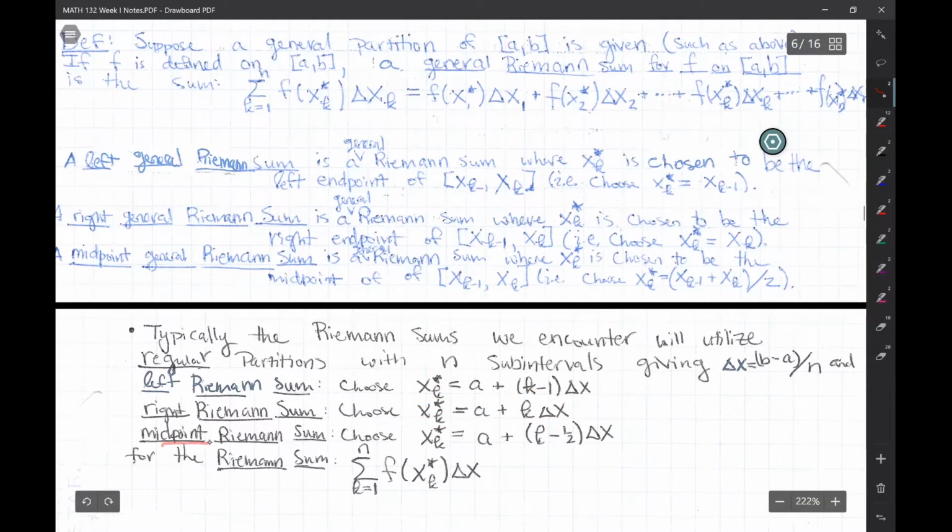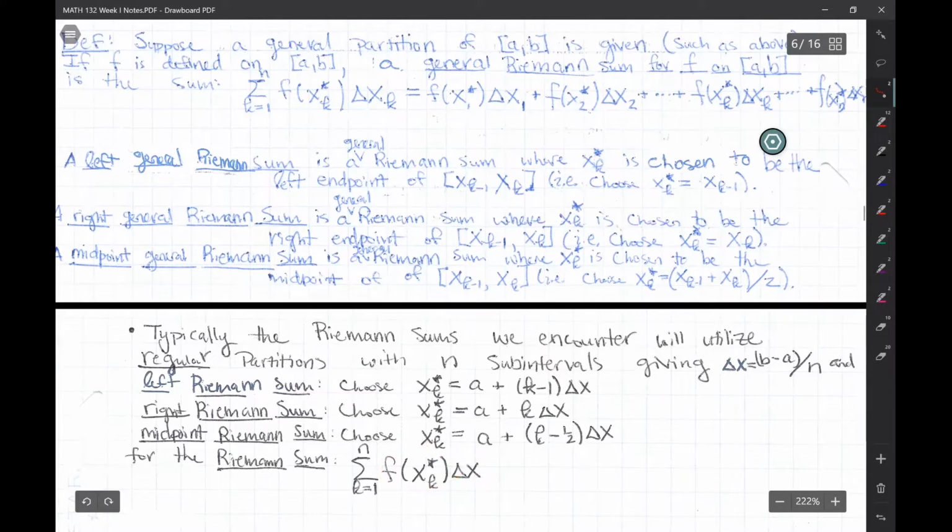And midpoint, we would have this formula for the special point that we choose. And we would carry out the Riemann sum with this formula here, okay? So we go through all of the n subintervals and take the width of each of these subintervals and multiply it by that height.